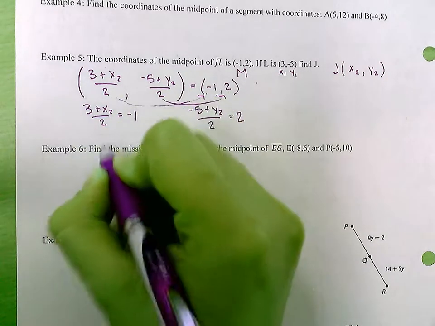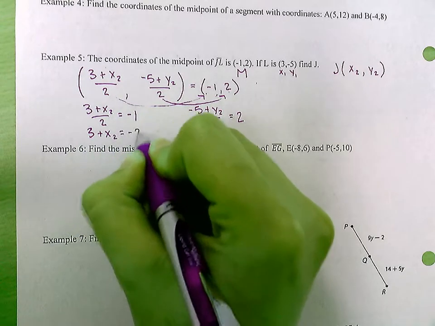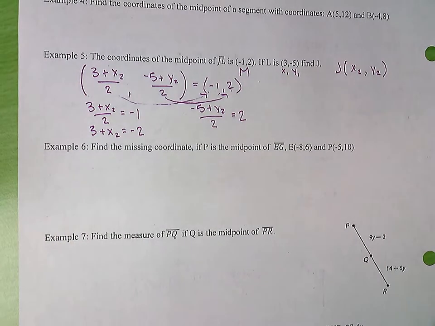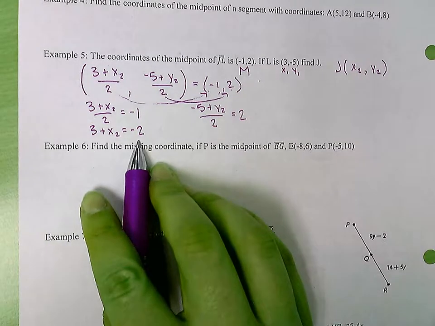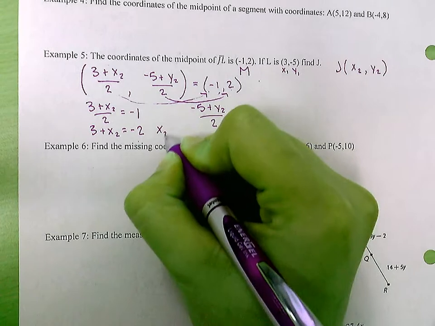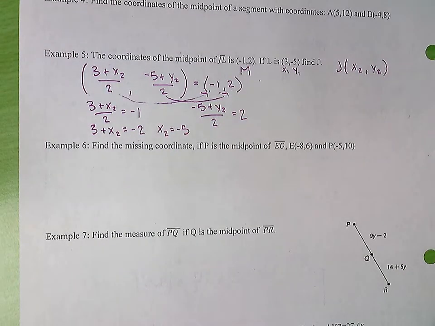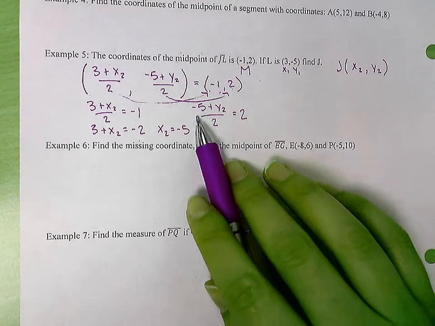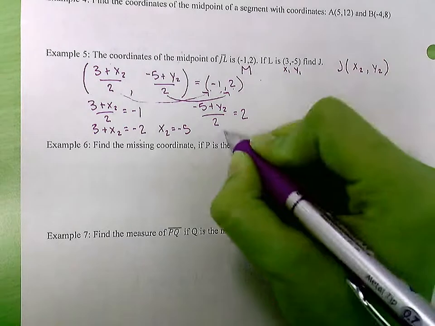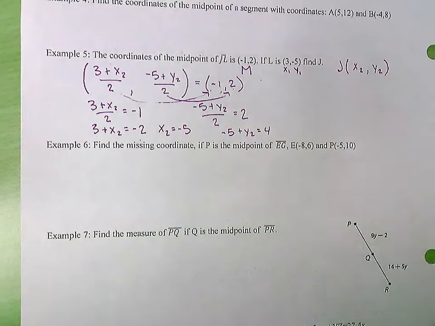So I can go through and solve this here. I'm going to multiply both sides by 2, so I have 3 plus x sub 2 equals -2. You'll subtract 3 from both sides. You'll get x sub 2 is equal to -5. Same thing over here for y sub 2. Multiply both sides by 2. We have -5 plus y sub 2 equals 4 then.